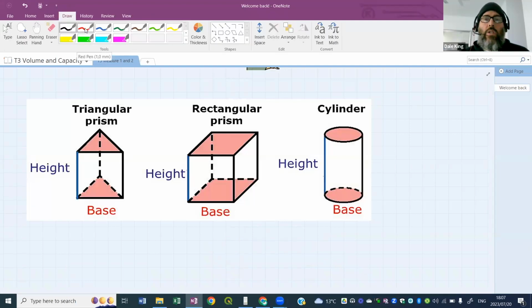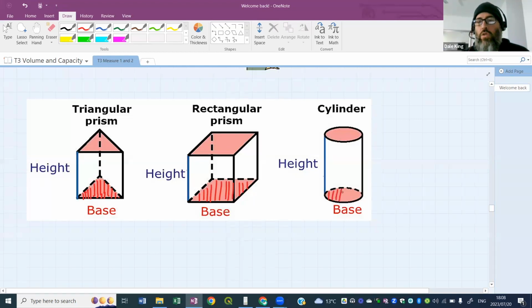Now, what's special about these diagrams here is that in all these 3 shapes, you should know how to work out the area of the base shapes. The triangular prism, the base shape is a triangle. In the rectangular prism, the base shape is a rectangle or a square. In a cylinder, the base shape is a circle. So you should know how to work out the area of all those 3 base shapes.